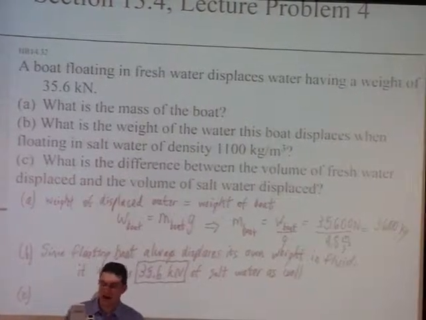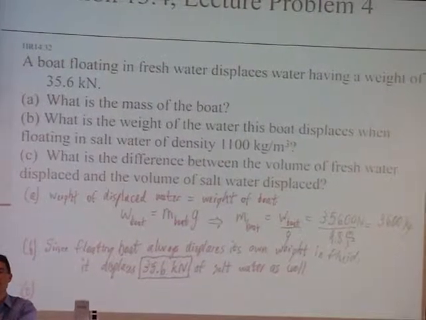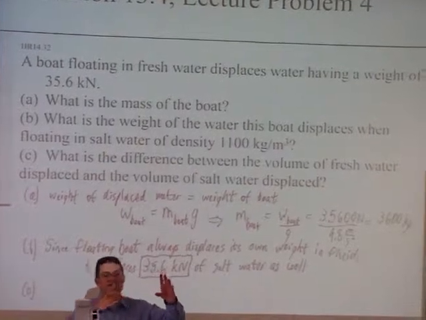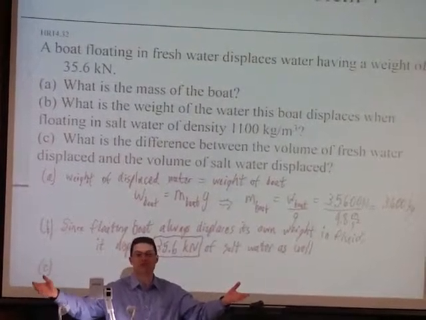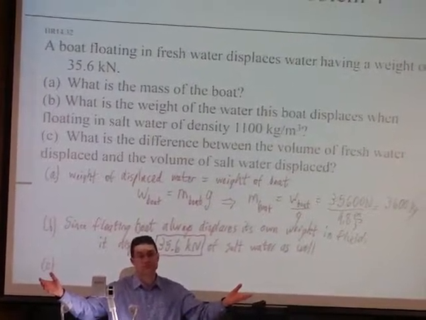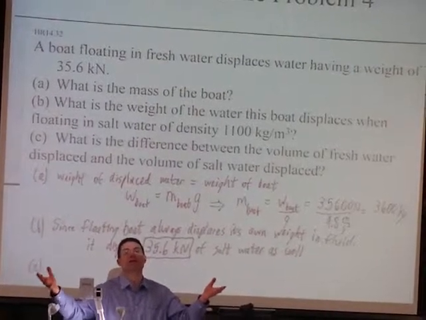But anyway, if we calculated the volume of fresh water displaced and the volume of salt water displaced, which would be larger? The volume of fresh water displaced or the amount of salt water displaced? Yeah, well, fresh water has the lower density, right?